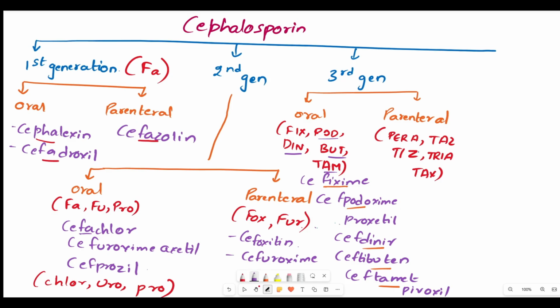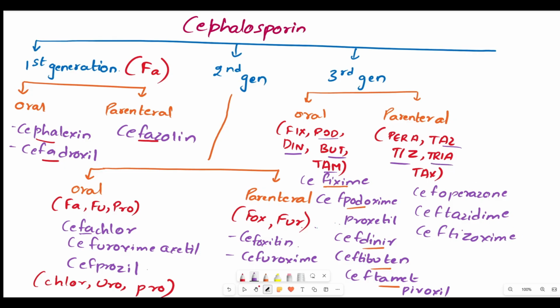Now coming back to the parenteral class of the third generation. The first one is PARA, so the example is cefoperazone. The next one is TUS, so the example is ceftazidime. The next term is TIS, so the example is ceftizoxime.